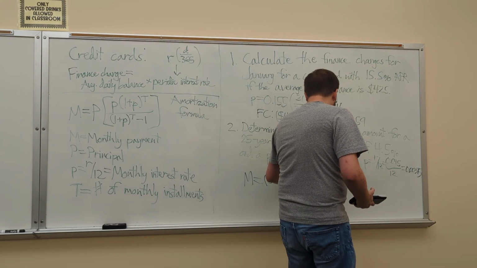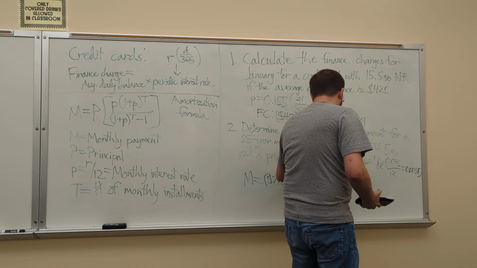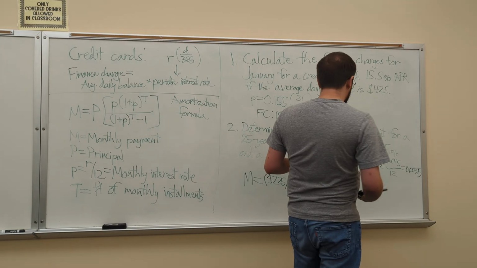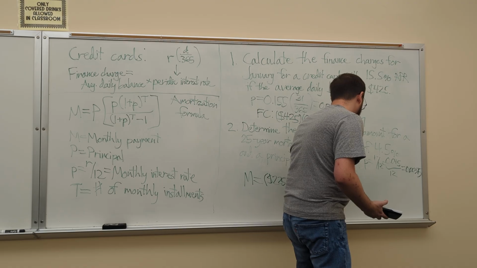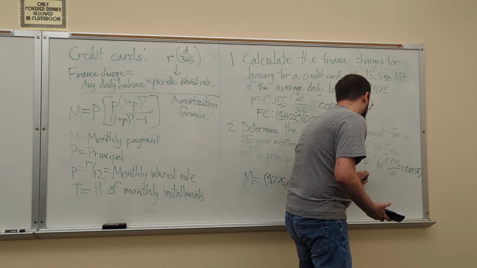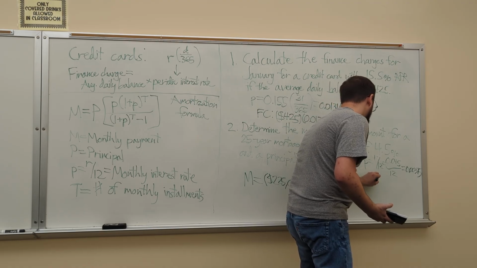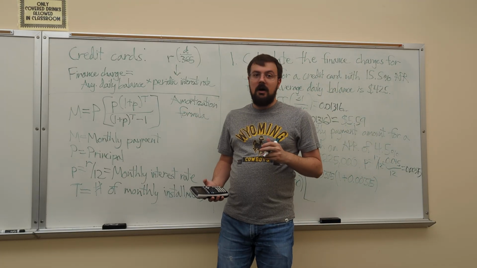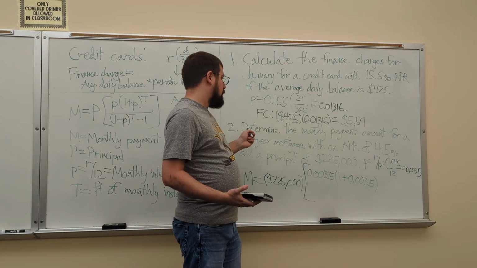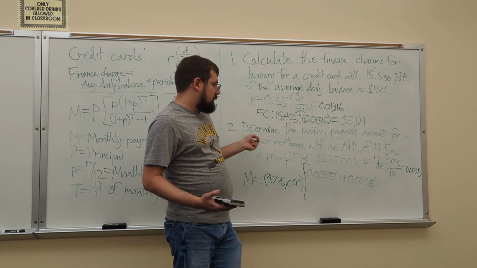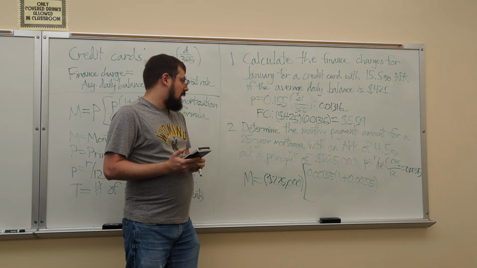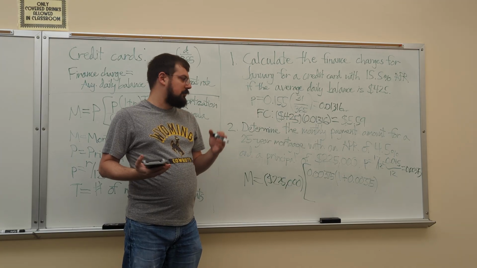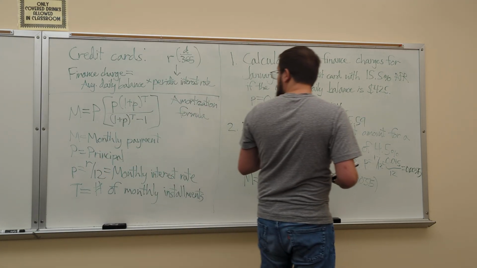So 0.00375 times 1 plus 0.00375. T in this case is our number of monthly payments. We have 25 years, so we're going to multiply that by 12 months in a year, which gives us 300 monthly payments total.